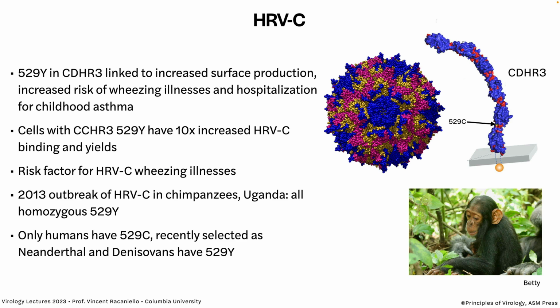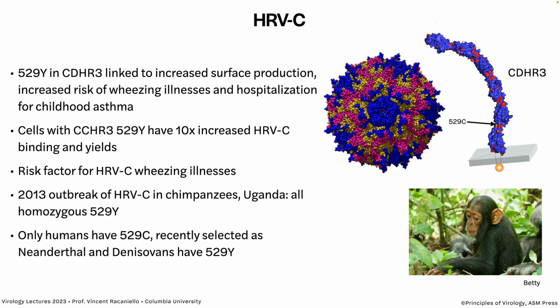And in fact, if you look in the genomes of Neanderthals and Denisovans, they have only 529Y encoding genes. They don't have 529C. So Neanderthals and Denisovans have 529Y, which gives you more severe rhinovirus infection.